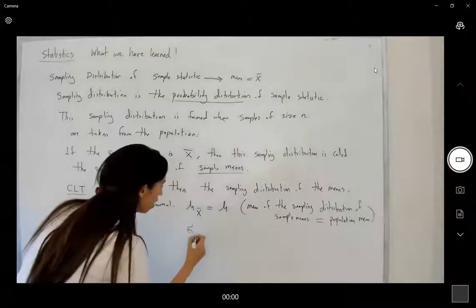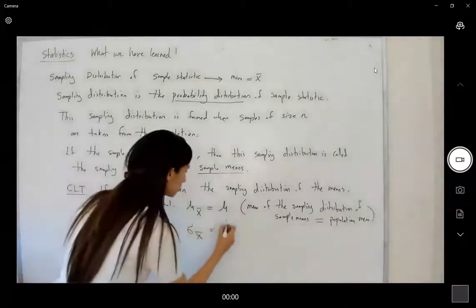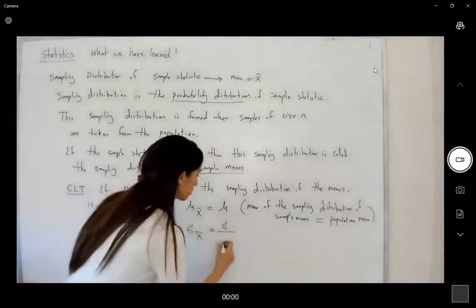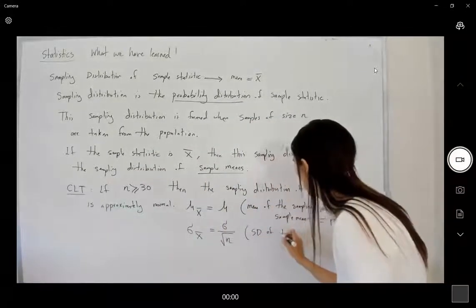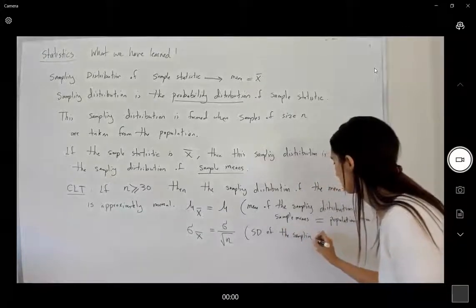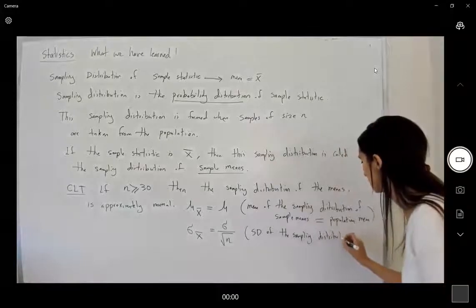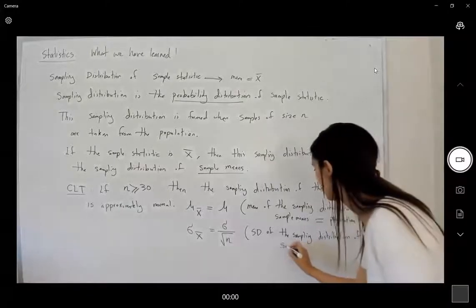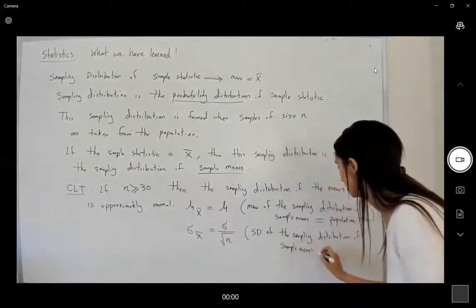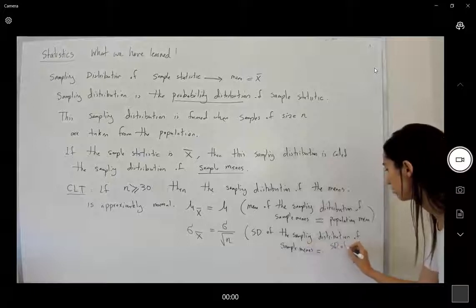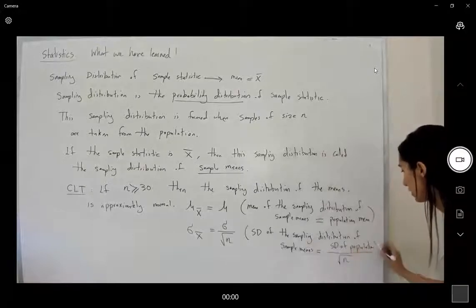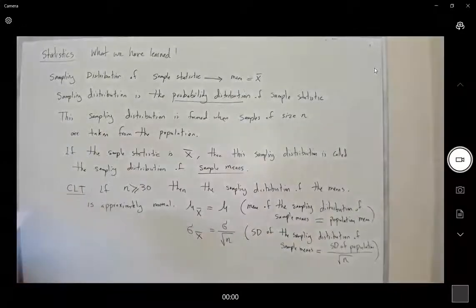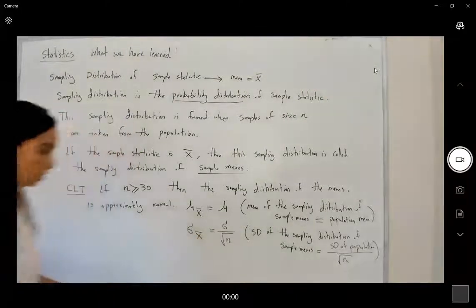The standard deviation of the sampling distribution of sample means is equal to the standard deviation of the population divided by square root of n. This is also called the standard error of the mean.